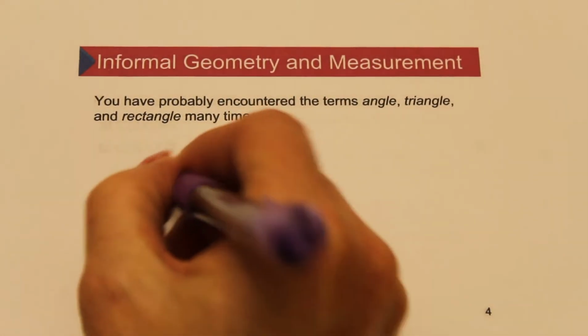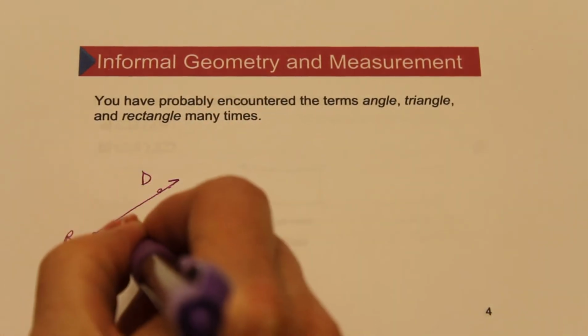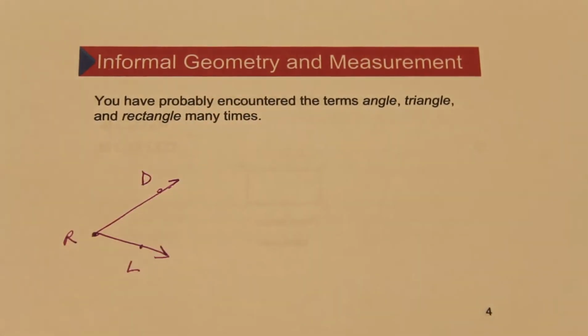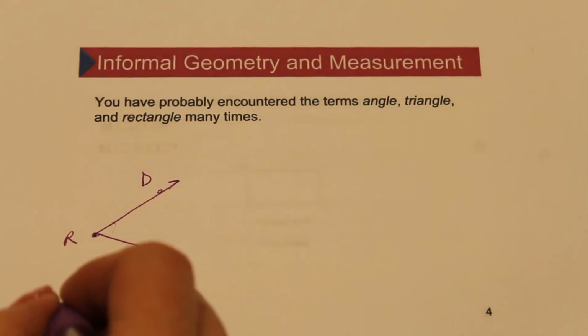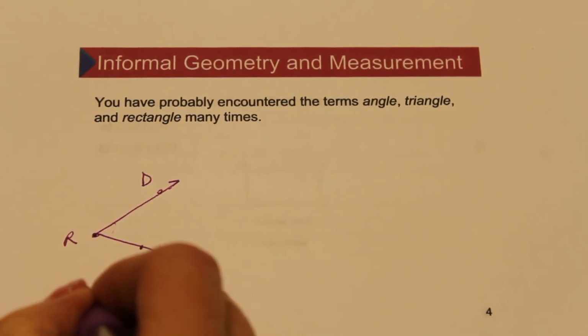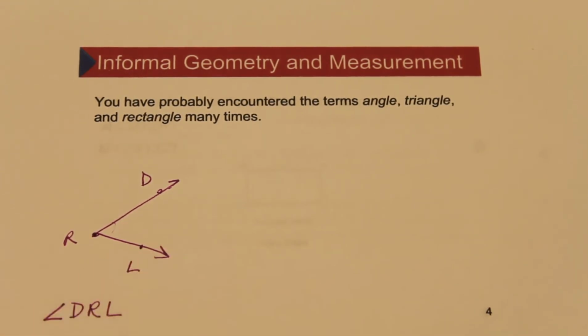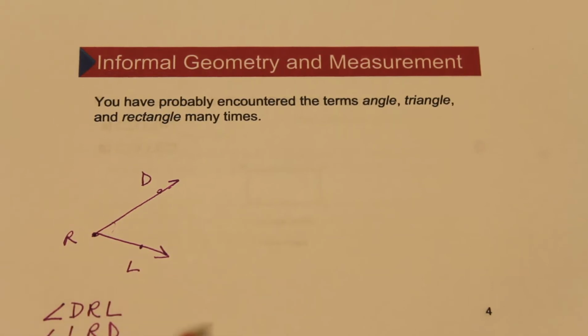And if I have point D, point R, point L, I would call this angle right here, we're going to have the little angle measure, that's the angle DRL. You know what? It could also be called the angle LRD.